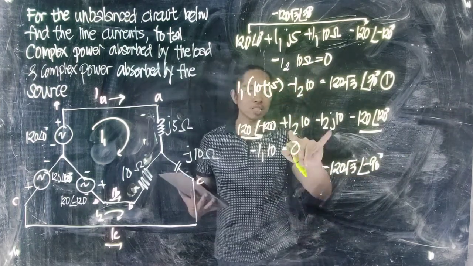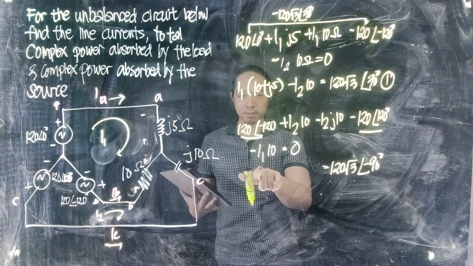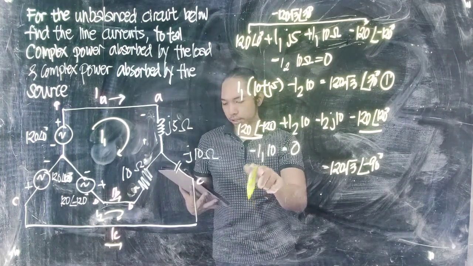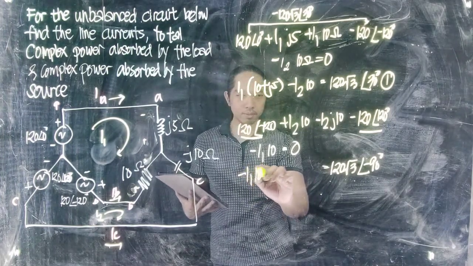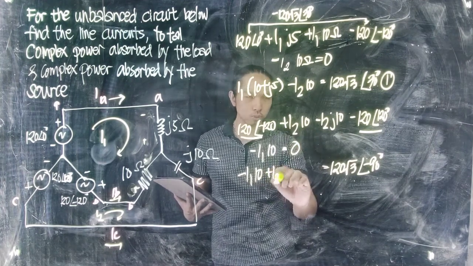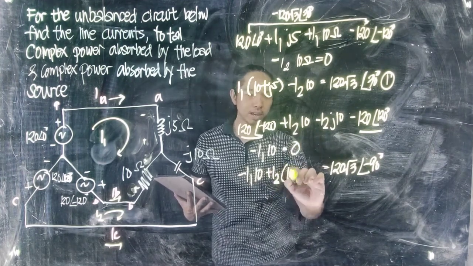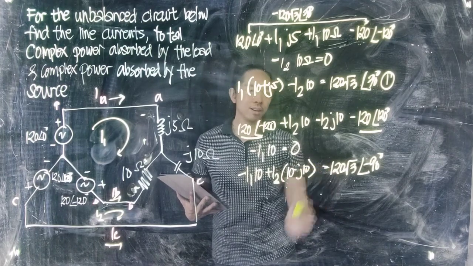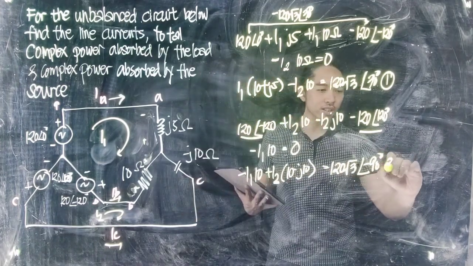Factoring out I2, we have negative I1 times 10 plus I2 times (10 minus j10). We now have our second equation.